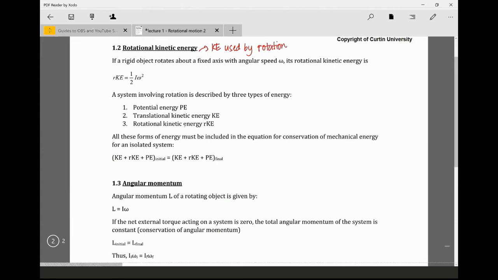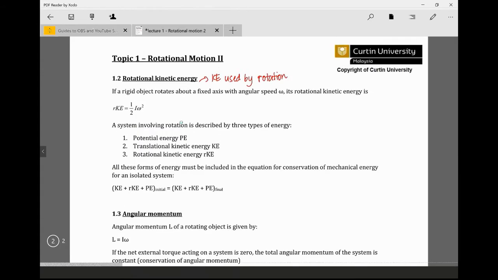Okay, so let's say I have an object, a box, which is sliding down the hill. Do you think it has rotational kinetic energy? No, right? Because no rotation is happening. But what if I have a ball which is rolling down the hill? So it is going down the hill.